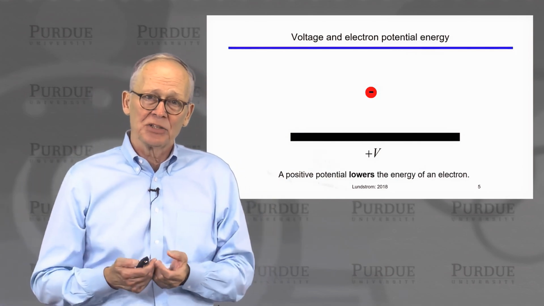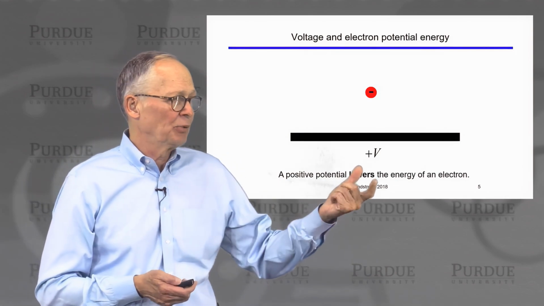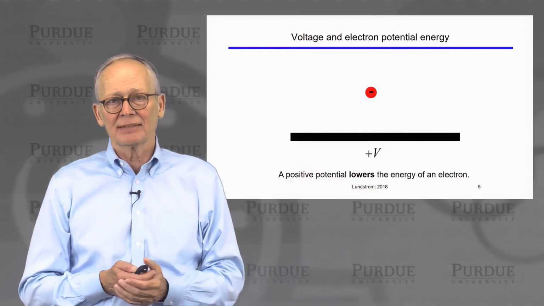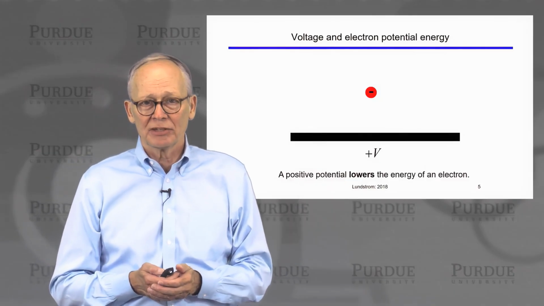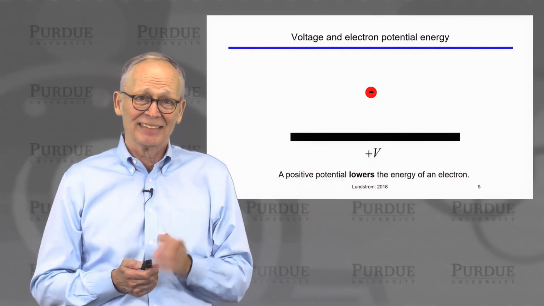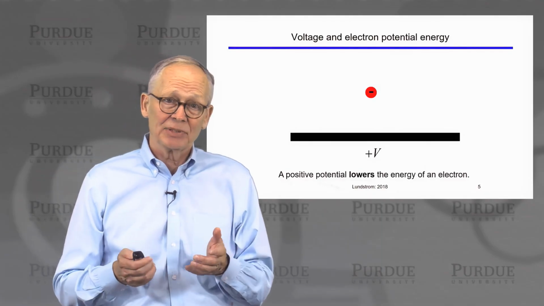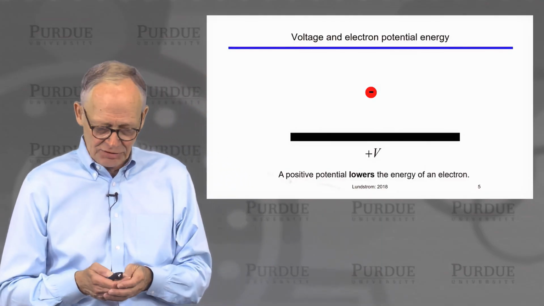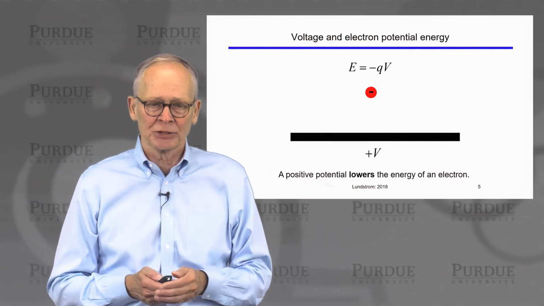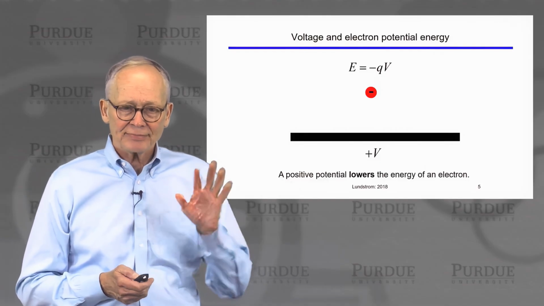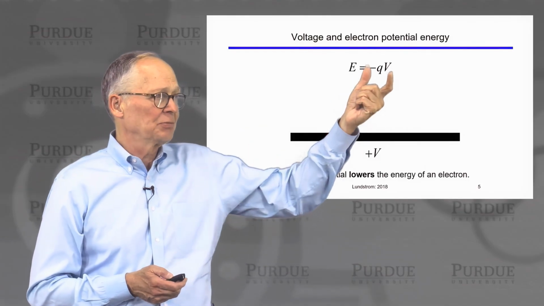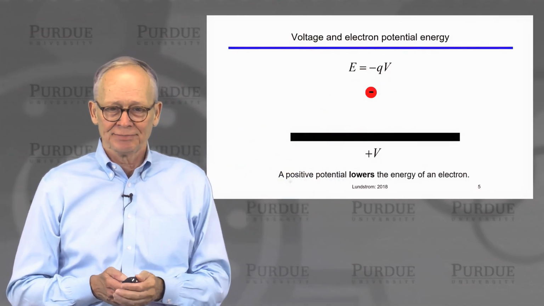It would lower the energy of the electron. So the important point to remember is that a positive potential lowers the energy of an electron because it has a negative charge. A negative potential would increase the potential energy of the electron. So energy is minus Q times voltage.